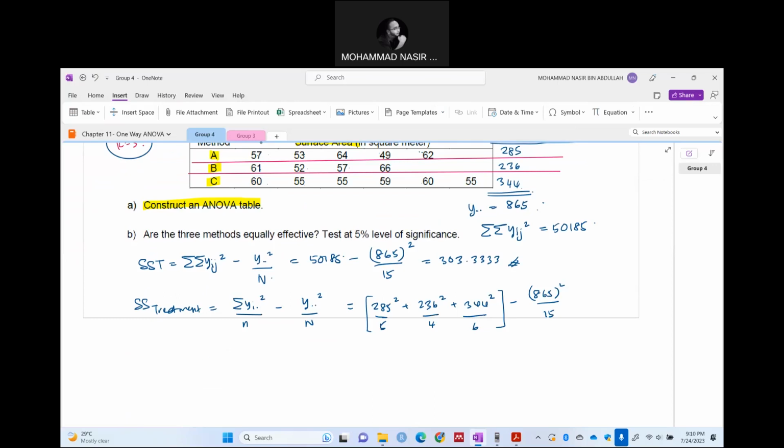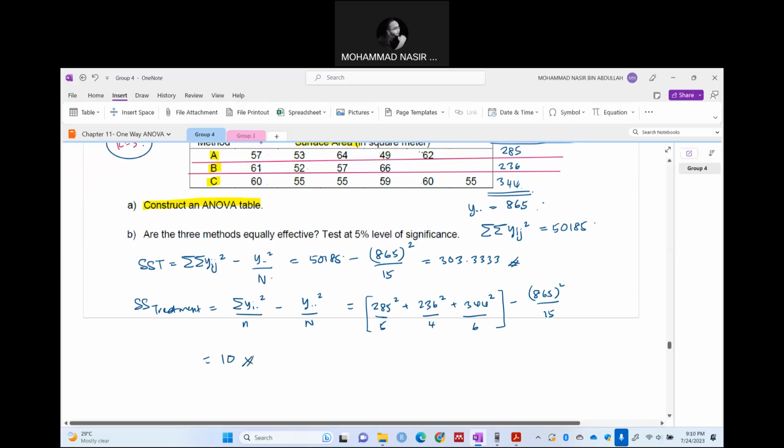So this one should be equal to 4981. I think kalau you masuk dalam calculator, you will get 10 lah.